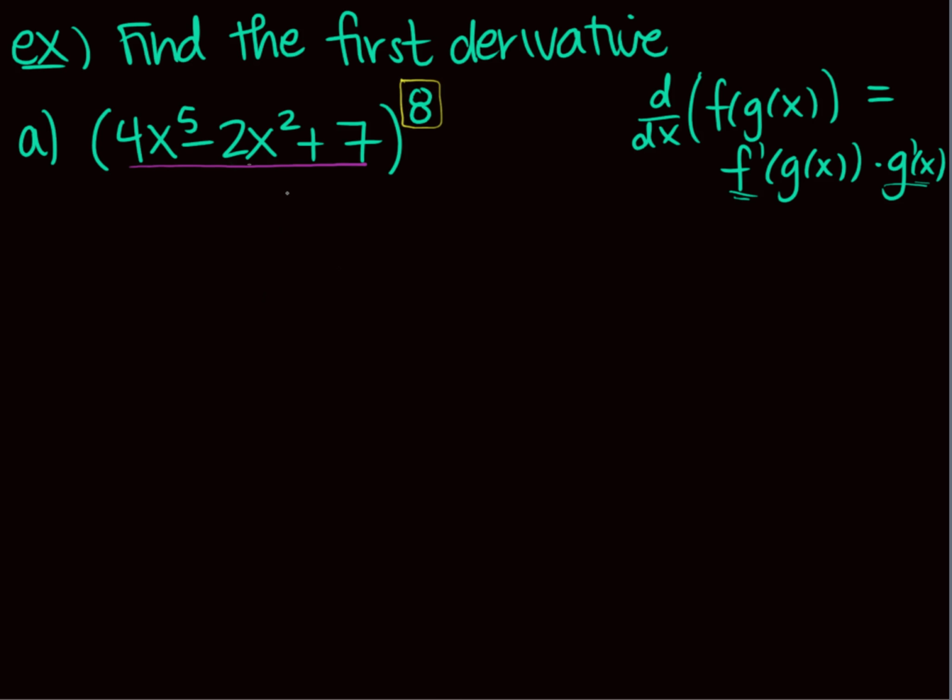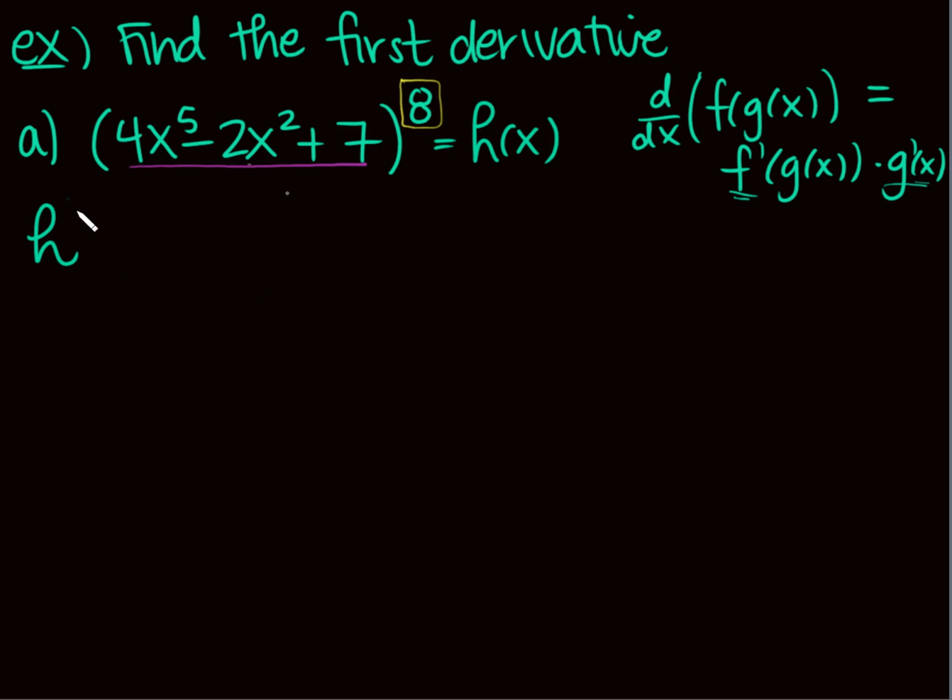Okay, so the derivative of this, d dx of 4x to the 5th minus 2x squared plus 7 to the 8th. You know what? I'm trying to avoid using f of x because I don't want to confuse you, but I feel like you'll be fine. Let's call this h of x then.